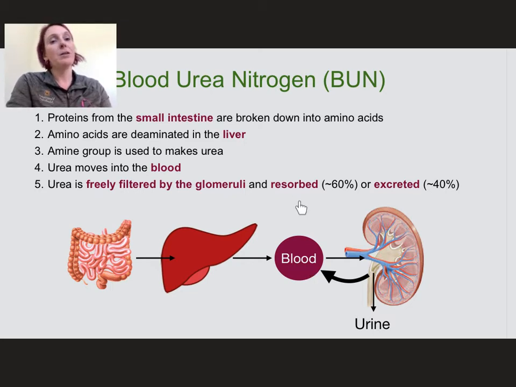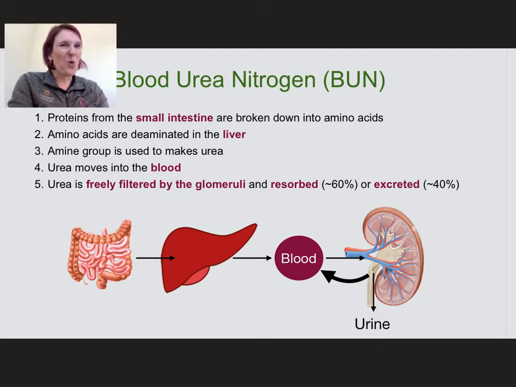In the blood, a little bit's resorbed back into the gut, but most of it is excreted in the urine. So it passes freely through the glomerulus, a marker of GFR then. And the one thing about it is a lot of it is resorbed. So BUN tends to be resorbed back into the blood and only a little bit of it excreted into the urine.